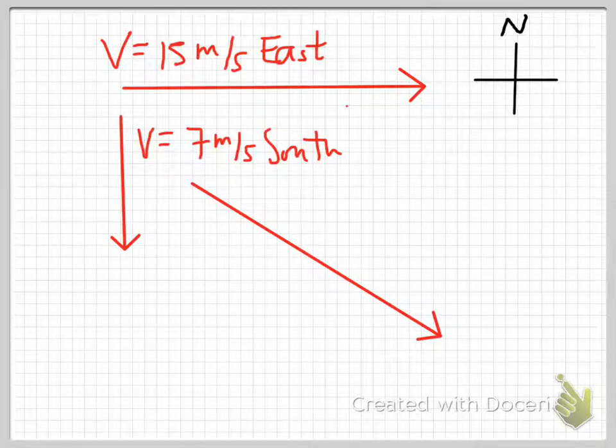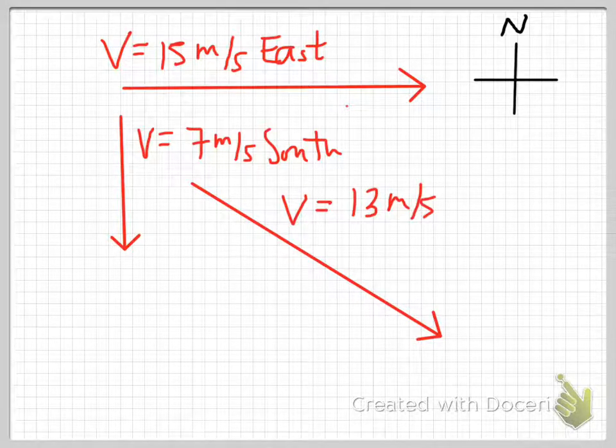So suddenly we have a velocity that, we can tell that it's pointing somewhere southeast, but we can't actually identify the direction for this vector quantity. So we know that maybe this is 13 meters per second, but we need to get a heading on this.